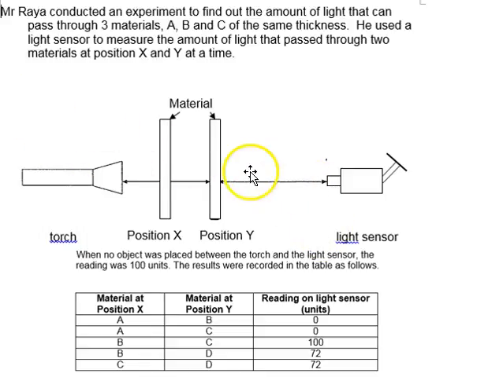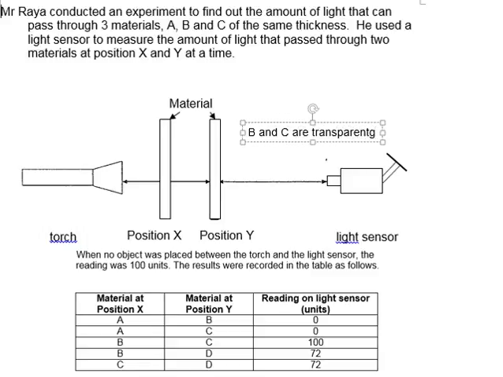For it to get the full light coming from the torch, B and C must be transparent, right? Let me just try. Just give me a while. Okay, there it is. So I can be very confident to say that B and C are transparent.